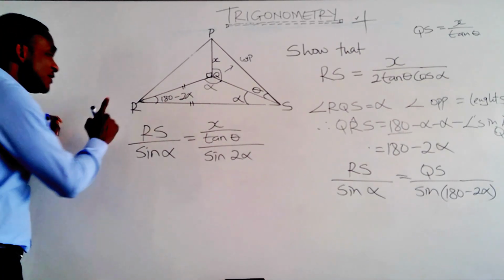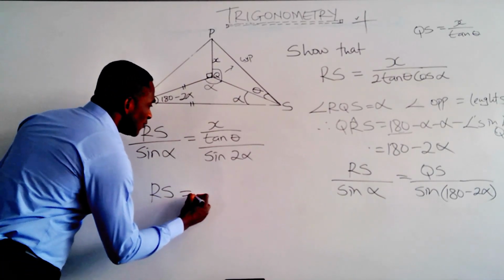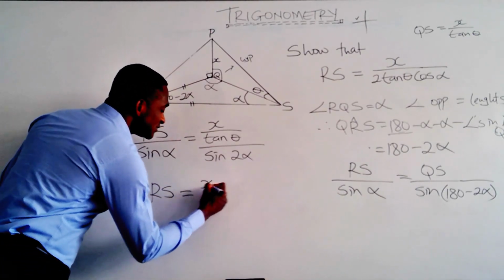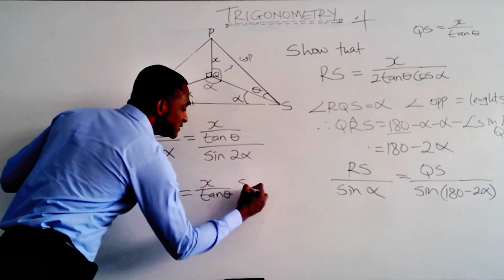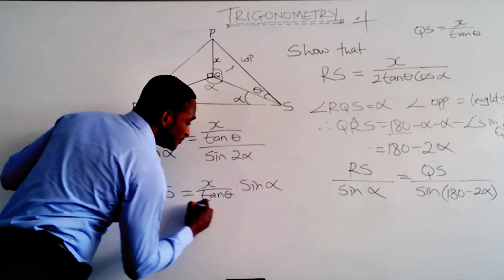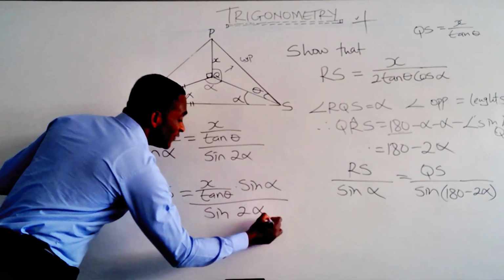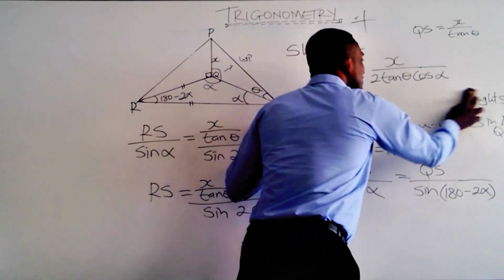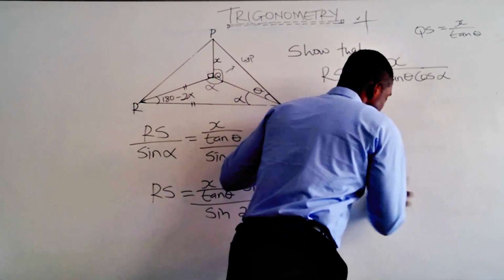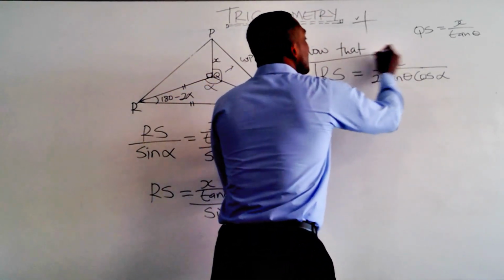Now let's simplify. Make RS the subject of the formula. We have RS is equal to x over tan of theta, multiplying sine of alpha, being divided by sine of 2 alpha. This is a little bit more complex, but we'll go on simplifying until we arrive at what they need.